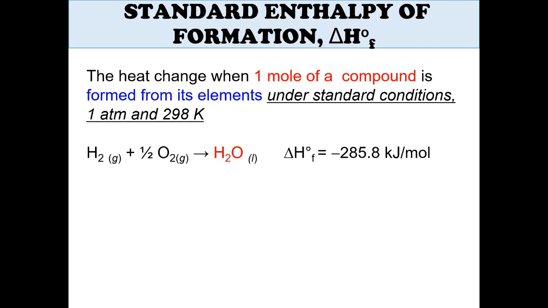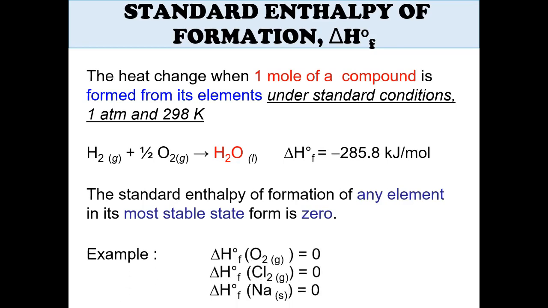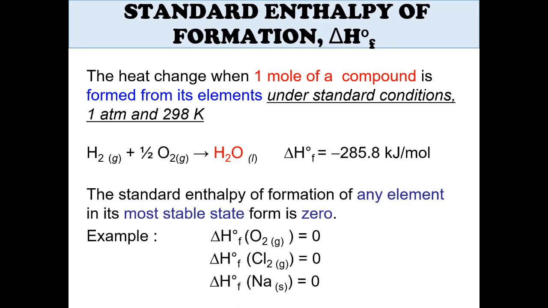When we use the words heat change, it means the heat can be absorbed or released. The standard enthalpy of formation of any element in its most stable state is 0. Example, delta H naught of oxygen gas O2 is equal to 0, Cl2 is 0, and a solid is 0.